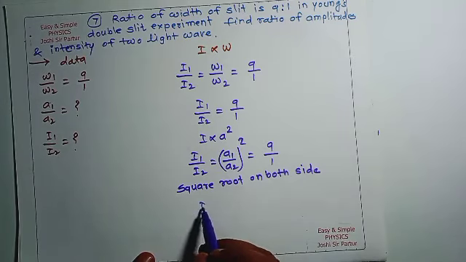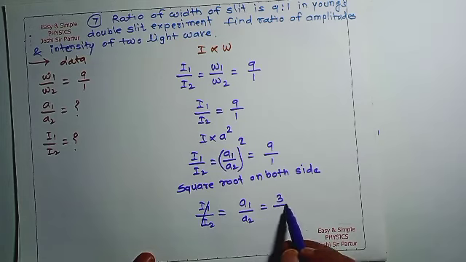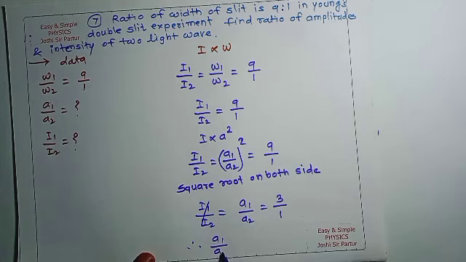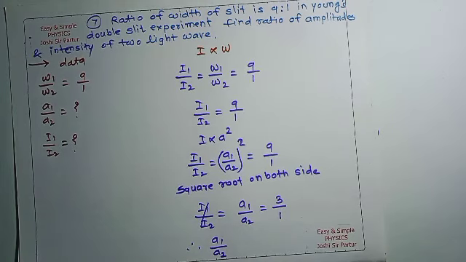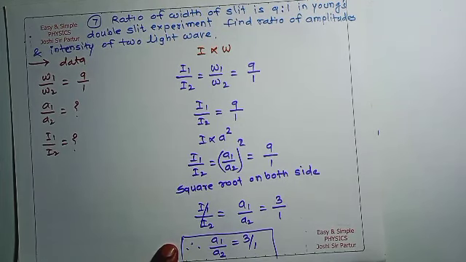Then the ratio of amplitude A1 upon A2 will be 3 upon 1. So the ratio of amplitude 1 to amplitude 2 will be 3 upon 1. That is the answer for the given question.